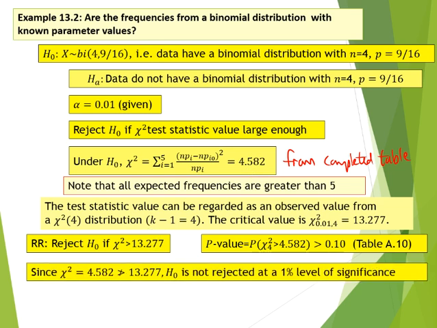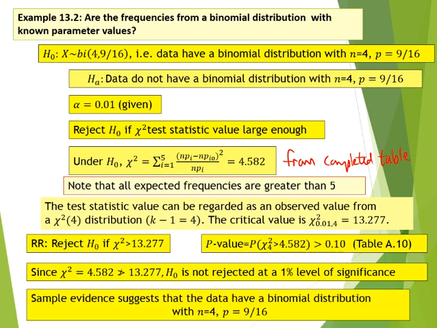And therefore, since the chi-square is not larger than the critical value, and since the p-value is not smaller than your significance level, your null hypothesis is not rejected at a 1% level of significance, and you can conclude that sample evidence suggests that the data have a binomial distribution with n equal to 4 and p equal to 9/16.